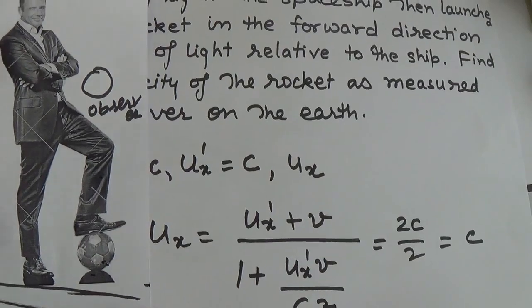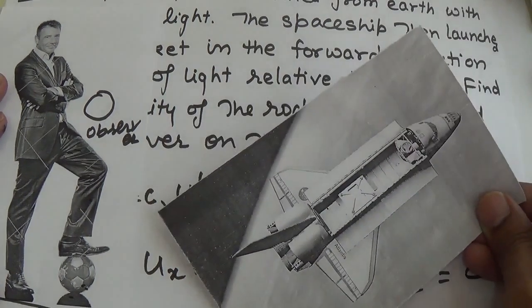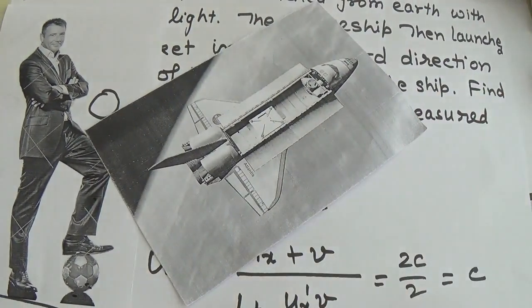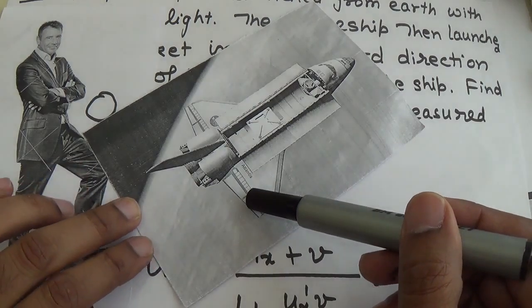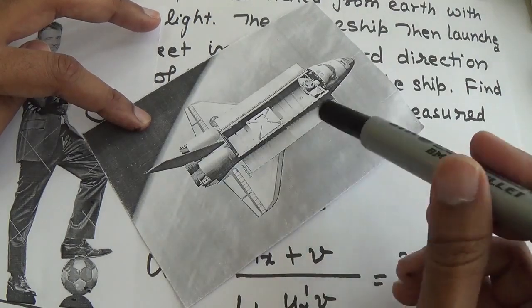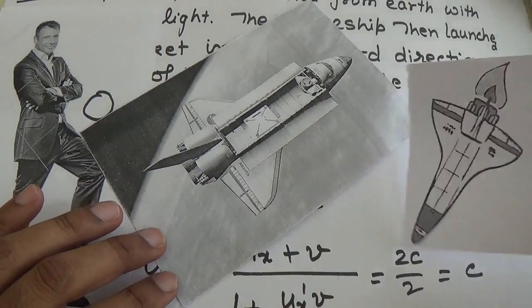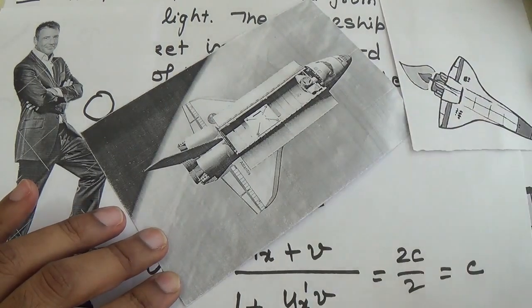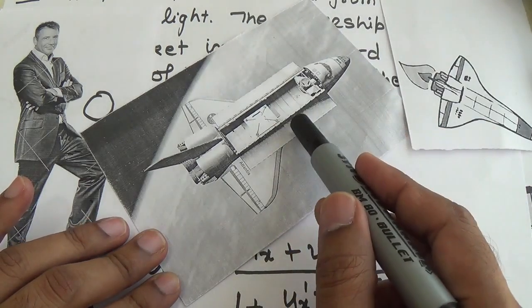So you can see with this particular example that this is the person on the surface of the Earth. Here is the spacecraft, which is launched into space with respect to this person with the speed of light, and further this spacecraft fires a rocket, again with the speed of light with respect to the spacecraft.